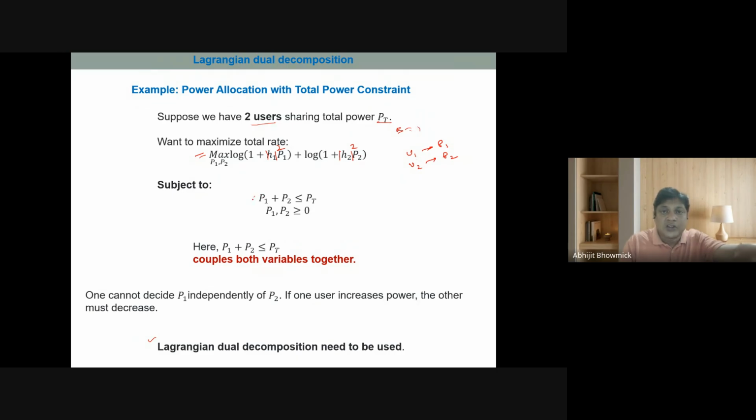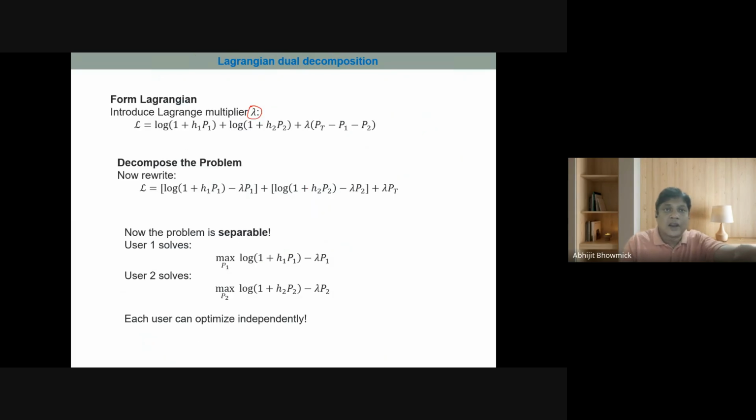Our constraint is p1 plus p2 less than or equal to PT. I'll write the same thing, L equals the same, and just add that Lagrange parameter, because our constraint was P1 plus P2 less than or equal to PT. So obviously I can write lambda times (PT minus P1 minus P2).